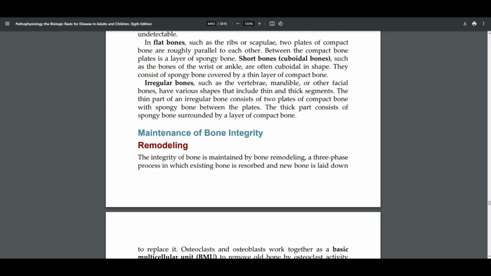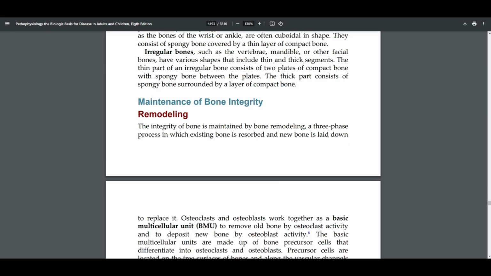Irregular bones, such as the vertebra, mandible, or other facial bones, have various shapes that include thin and thick segments. The thin part of the irregular bone consists of two plates of compact bone, with spongy bone between the plates. The thick part consists of spongy bone surrounded by a layer of compact bone.